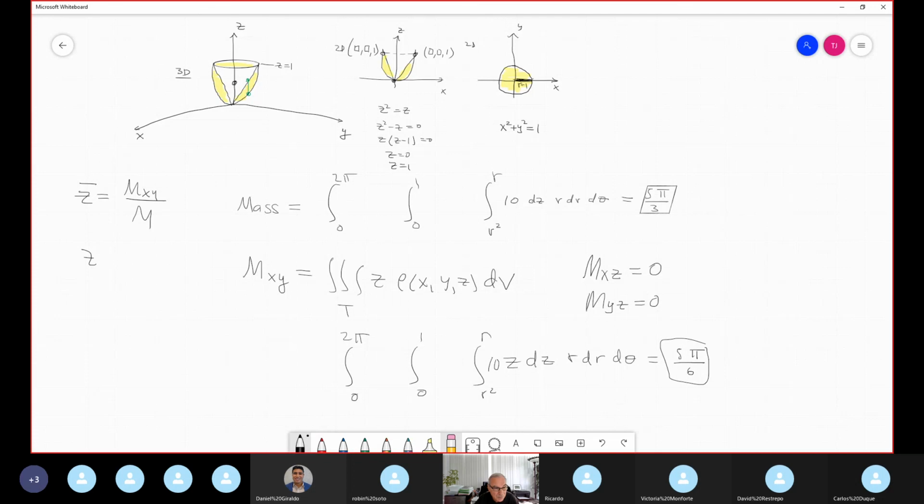And you divide, and when you divide, this number divided by this number is 1/2. And the famous center of mass is the point 0, 0, 1/2. End of the story.